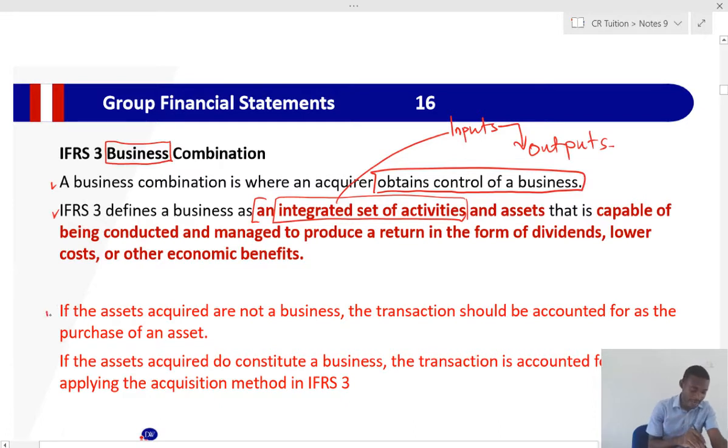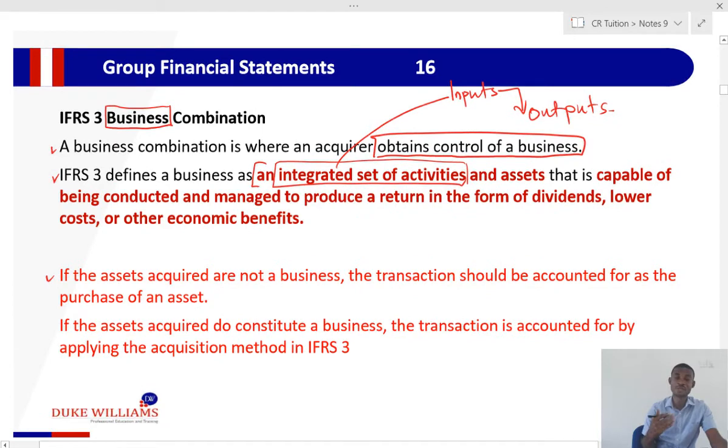So the guidance is that if the assets acquired are not a business, the transaction should be accounted for as such. That is to say, it is an acquisition of assets. So you can use any of the standard for non-current assets to account for this acquisition, and we know you do not use the IFRS 3 business combination.